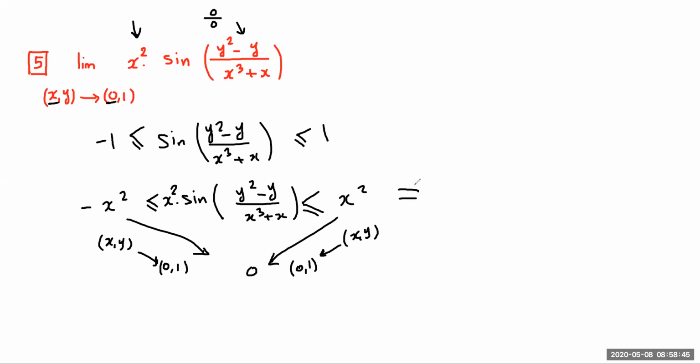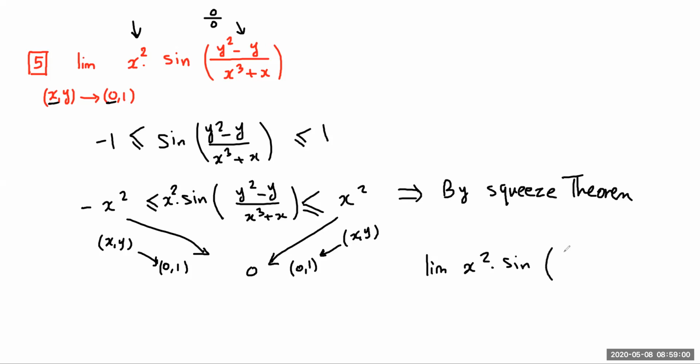Okay, now by the squeeze theorem, the limit of x² sin((y² − y)/(x³ + x)) will also be 0 when (x, y) approaches (0, 1).